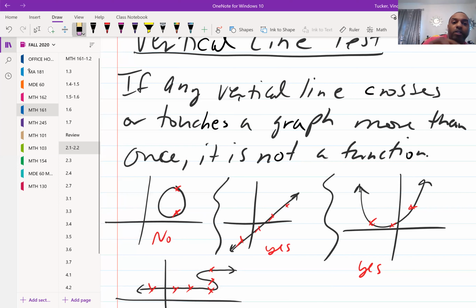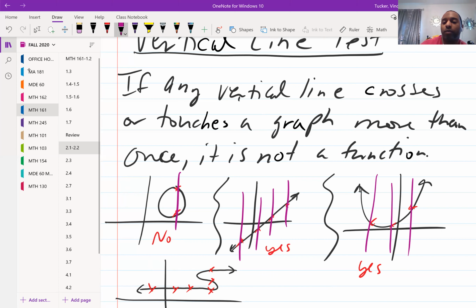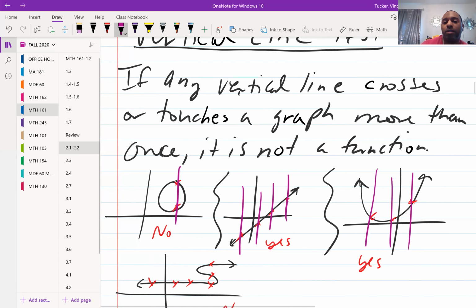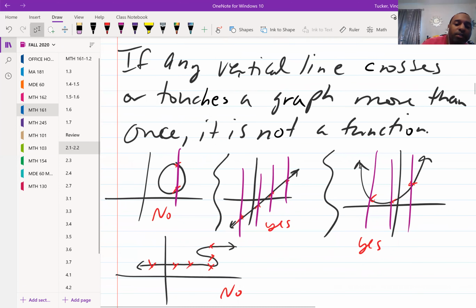If I had a circle, that's not a function, because if I draw a line through it, it's going to touch twice. If I had a linear equation that produces a line, no matter where I draw the line, it touches once. A parabola only touches once, no matter where you draw your vertical line. So the answer is yes, it is a function. This graph down here, even though it mostly touches once, in the tail, when you get to this part right here, it touches three times.